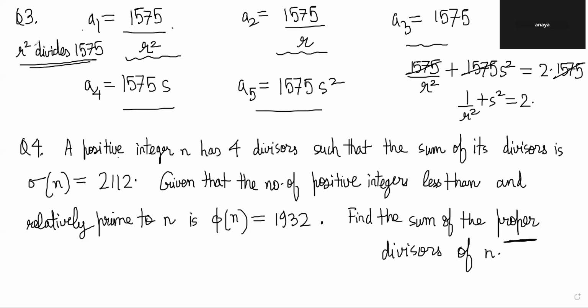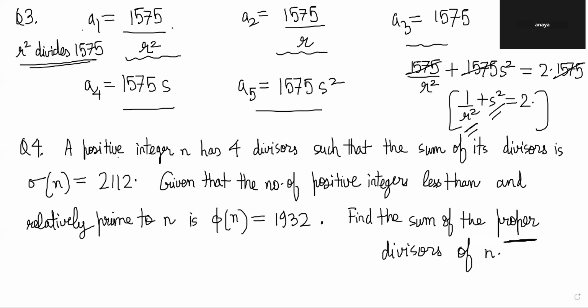So if R square divides 1575, then it cannot be a big integer because it has to add up to 2 and these are positive, right? It has to be 1, right? Yes. So that is one of the things that you can figure out.